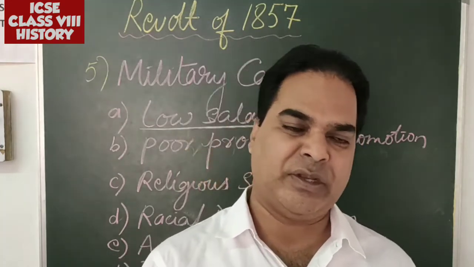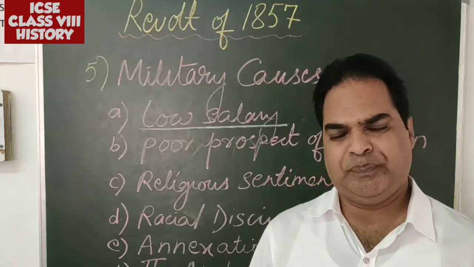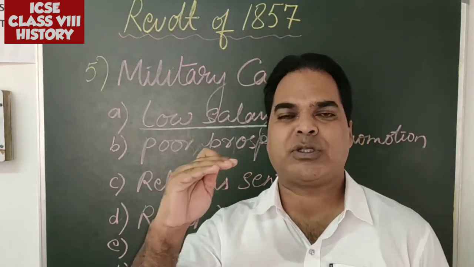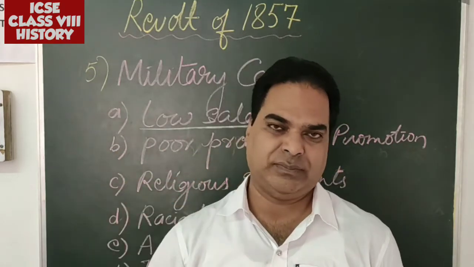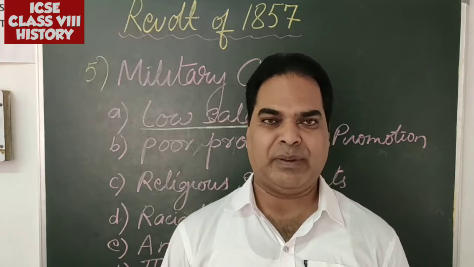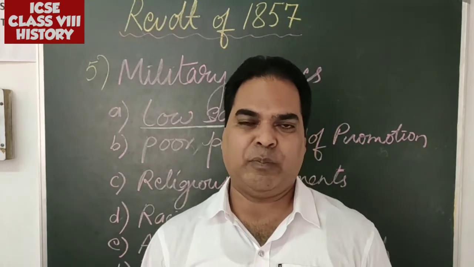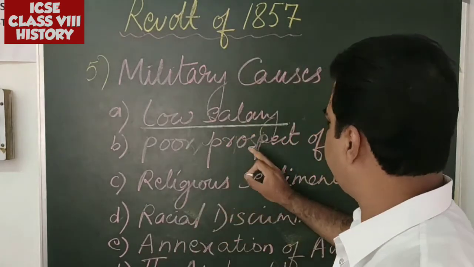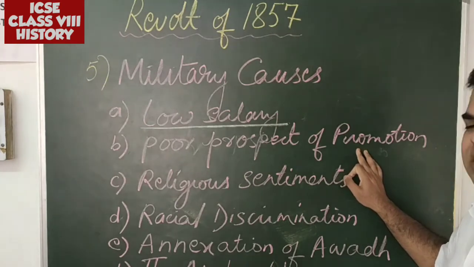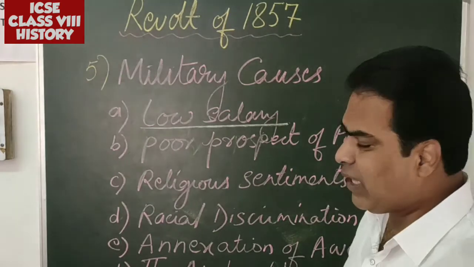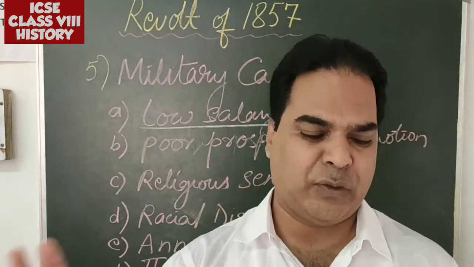So there was no proper prospect of promotion. If you work, if you show your ability, you need to be promoted, but that was not there. So there was a poor prospect of promotion. They could hardly reach up to the post of a Subedar. All the high ranks were reserved for the Europeans.